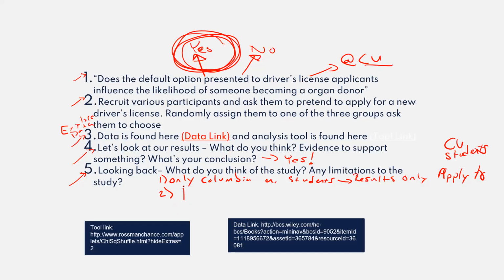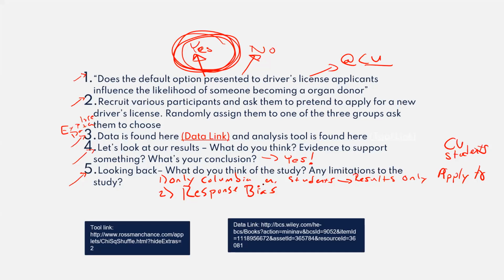Then the final issue is what's called response bias. Response bias is a big issue with these experiments. When I fill out a driver's license application as part of this study, and I get to the question about organ donation, I know someone's going to read my result, and I presume they're going to judge me, okay?